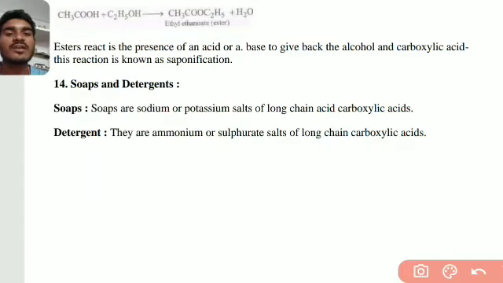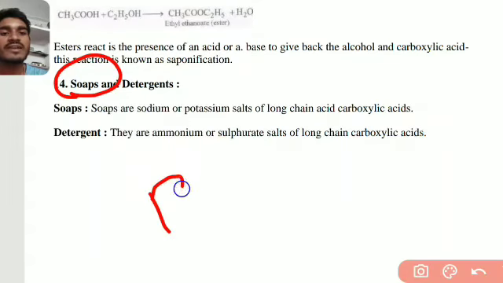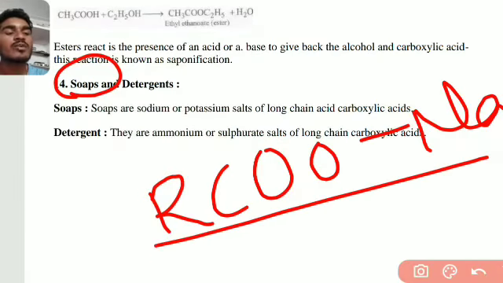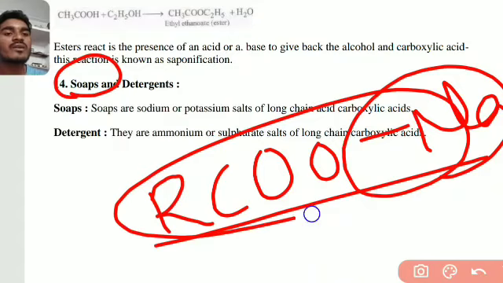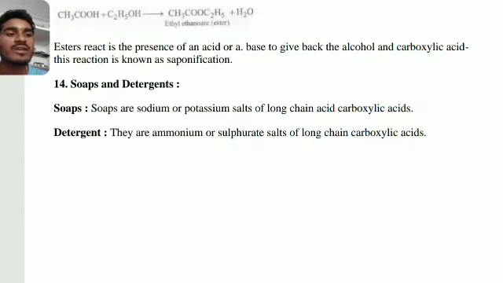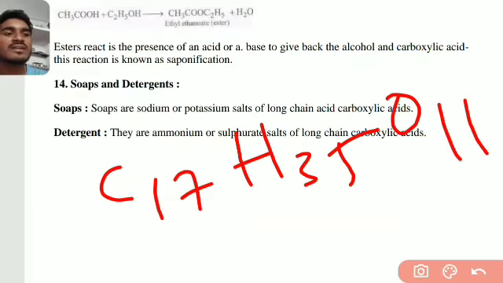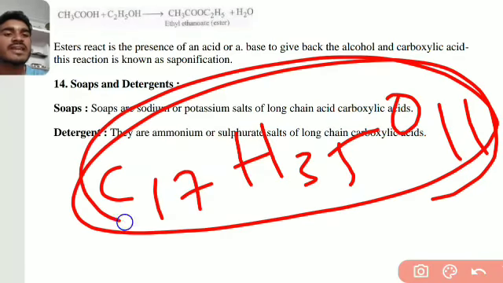Before that, we call these soaps. What is meant by soap? What is the general formula of soap? These are sodium or potassium salts of fatty acids, which we call soaps. The formula is C17H35COONa, stearic acid salt, an example of soap.